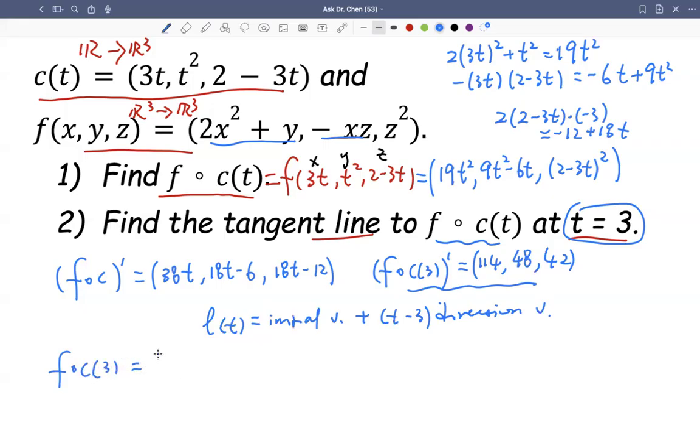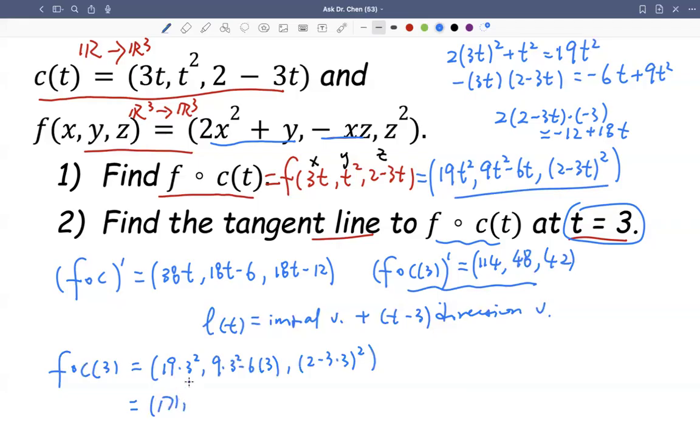So that's just equal to 19 times t squared, which is 3 squared. Then 9 times 3 squared minus 6 times 3. Then 2 minus 3 times 3, squared. So simplify this. We get 19 times 9, we get 171.